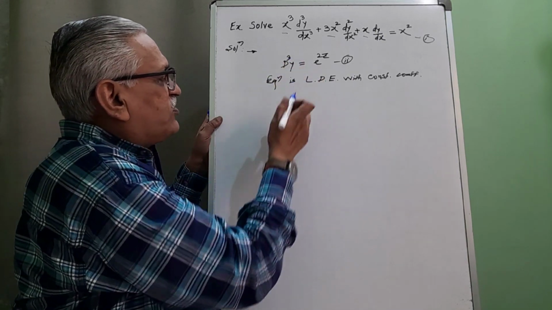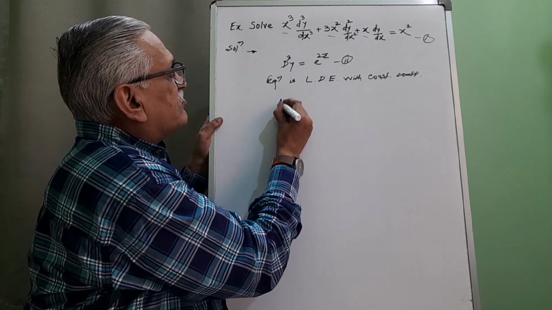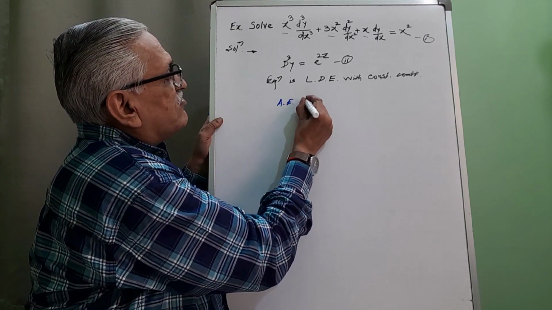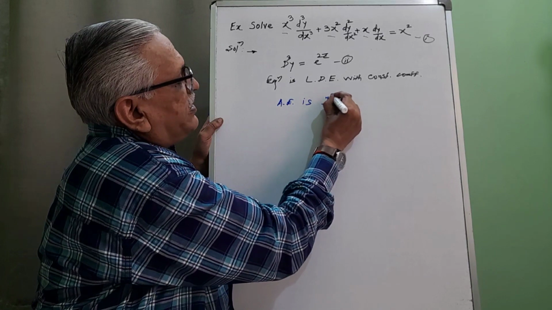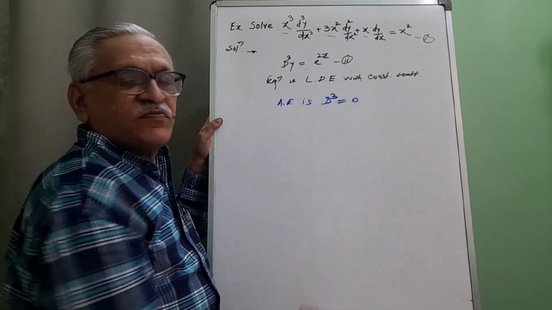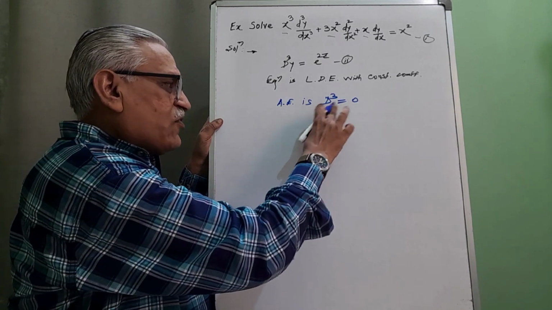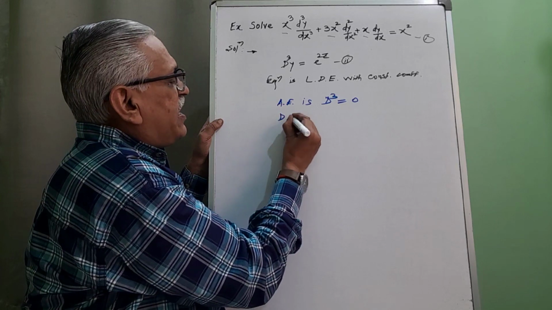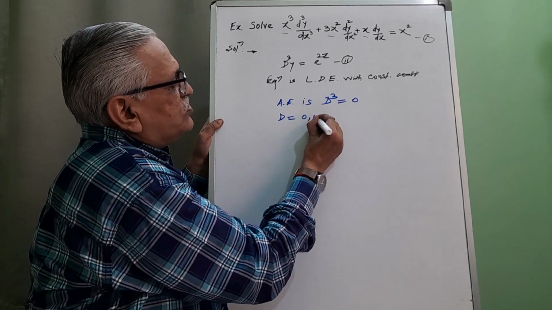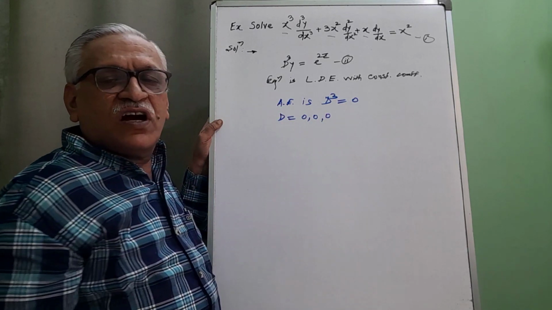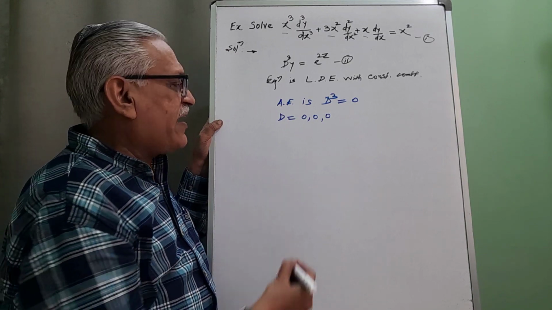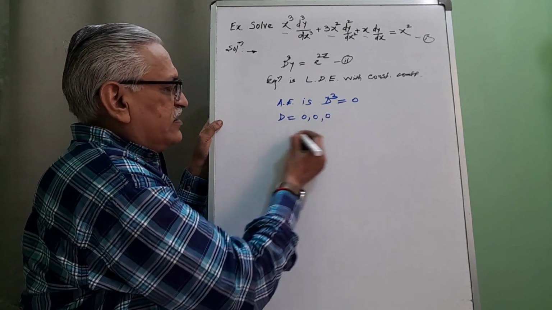For CF, the auxiliary equation is D cube equal to 0. Solving it for D, we get the values of D as 0, 0 and 0. Roots are real and repeated.